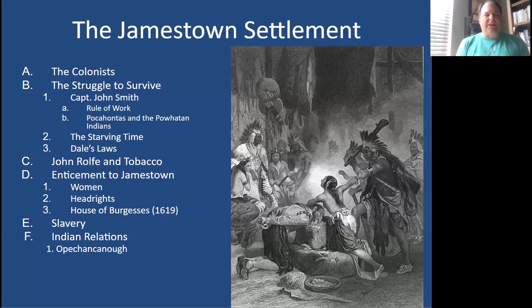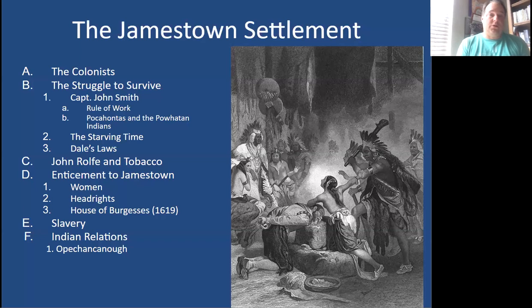Another new company policy would be the system of head rights. That just meant you have a right to land, to own land, if you pay your own way to Jamestown. Think of it, for every head that you bring attached to a body, every person who pays their own way to the New World, you get that much more land that can be yours.